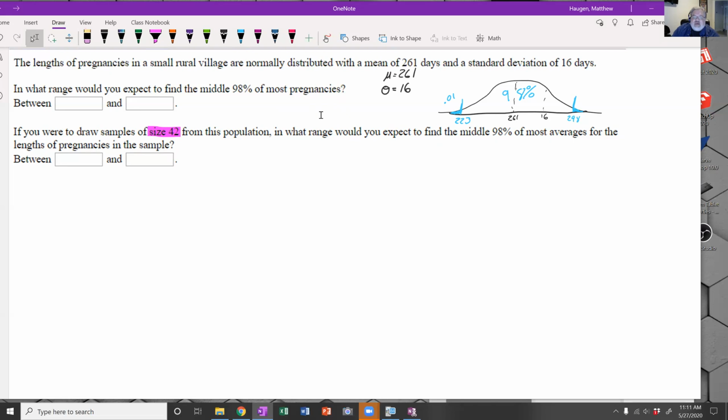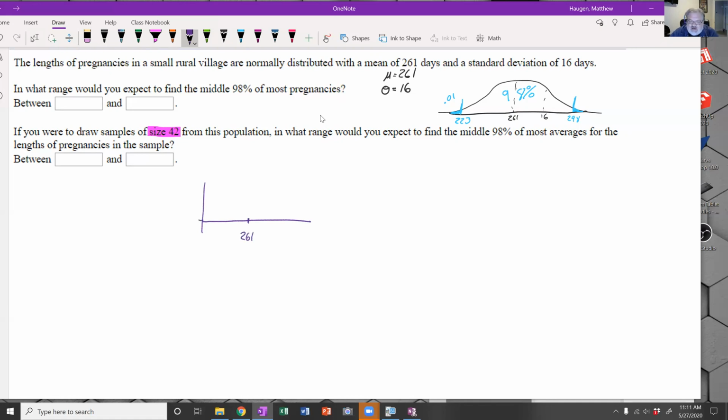So for them, they would have their own average. If you're sampling the average from that particular clinic, or clinics of that particular size, their average should still be the 261 because they're drawing from the same population.